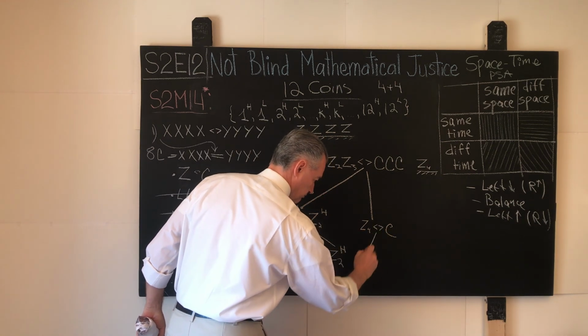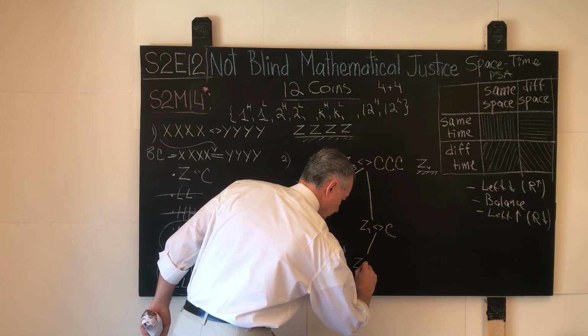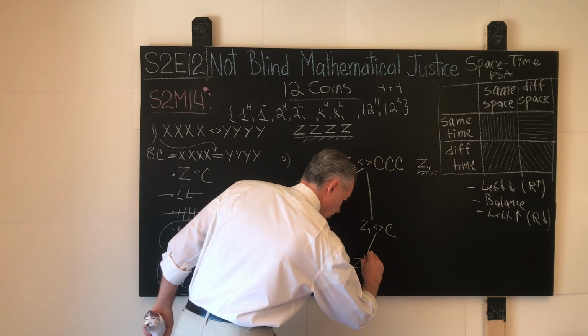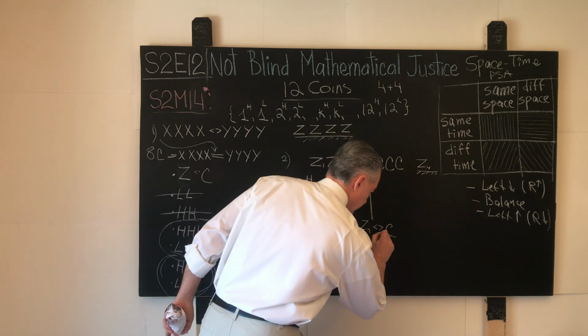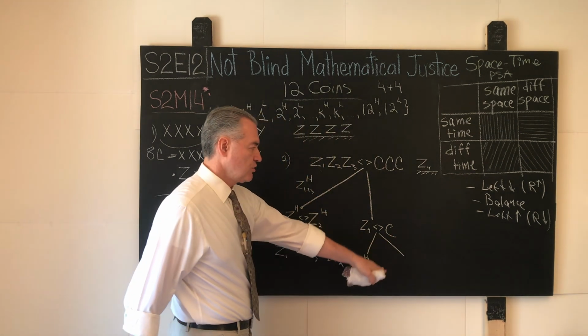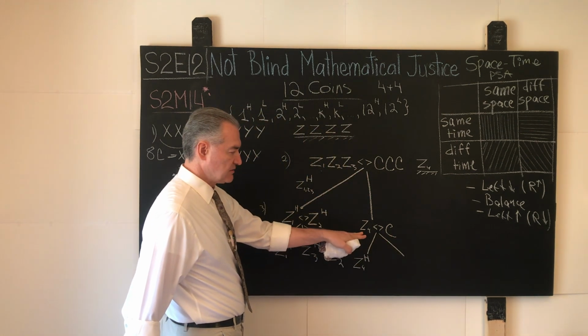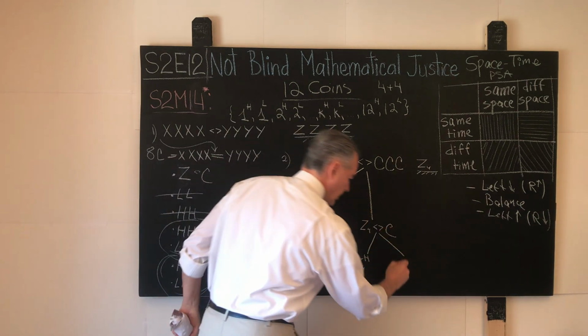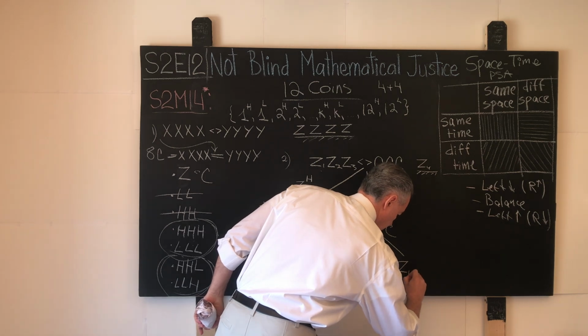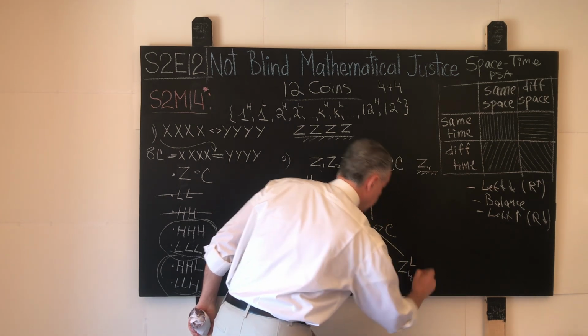When the pan that contains the coin named Z4 goes down, then the coin Z4 is fake and heavy. And if the pan that contains the control coin goes down, that means that the pan that contains the coin named Z4 goes up. This guy is fake. Z4 is fake and light.